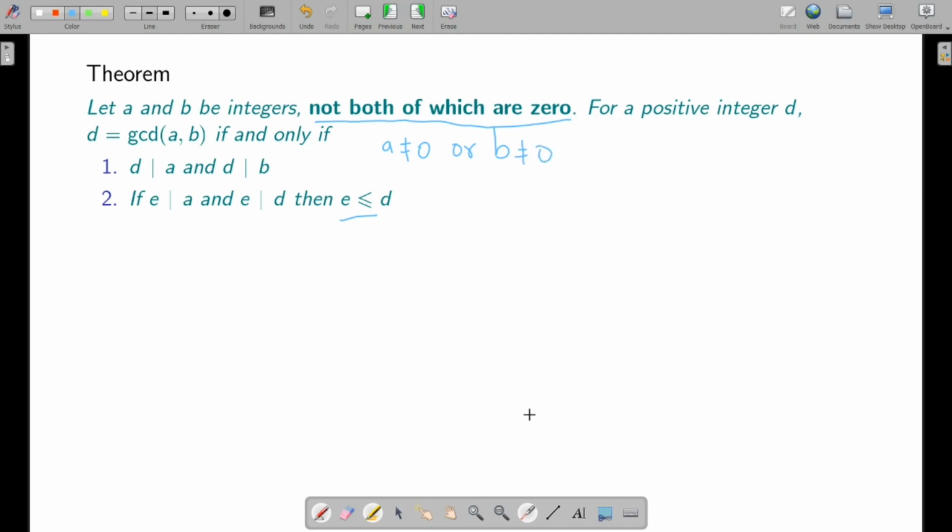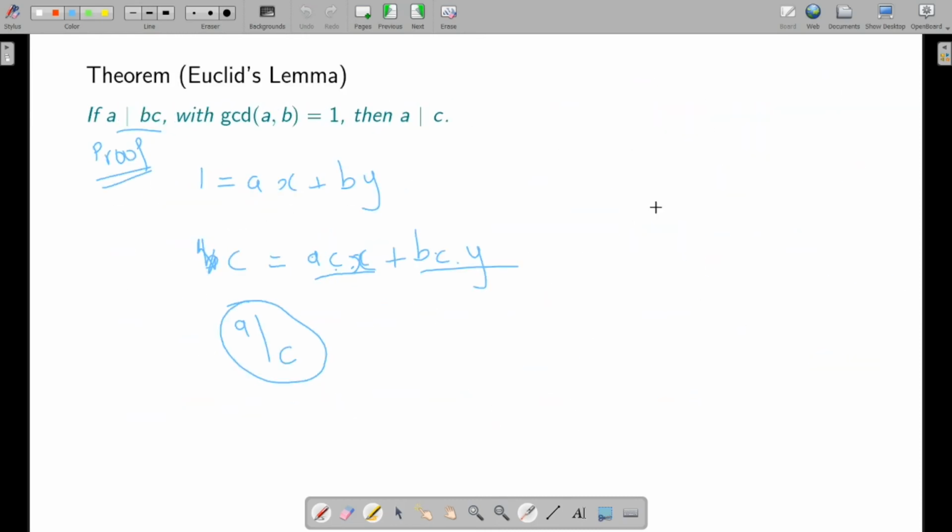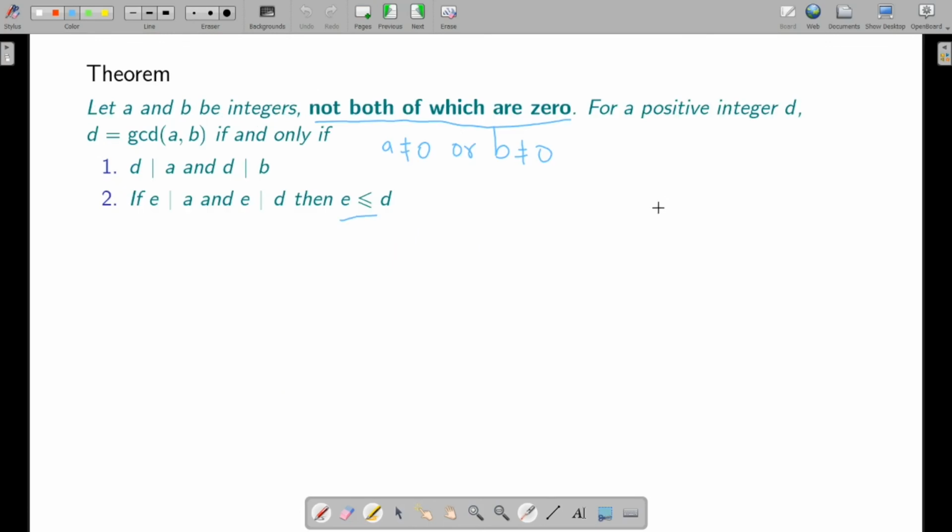I will leave this out as homework for you. It is not there in your notes also. I am purposely leaving it out. It's not very difficult. You need to use only two results: one is the definition and the other one is this theorem here. Please try to prove it. If you have any problem, you can ask me. Don't look in books for the proof. Try to do it on your own.